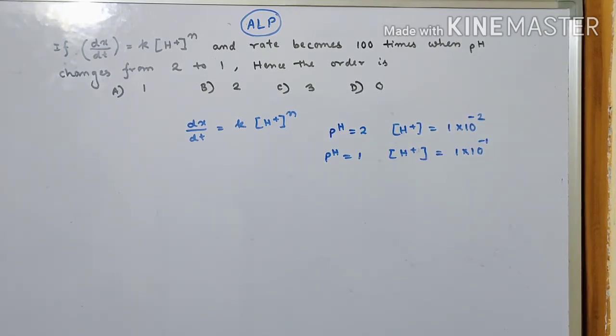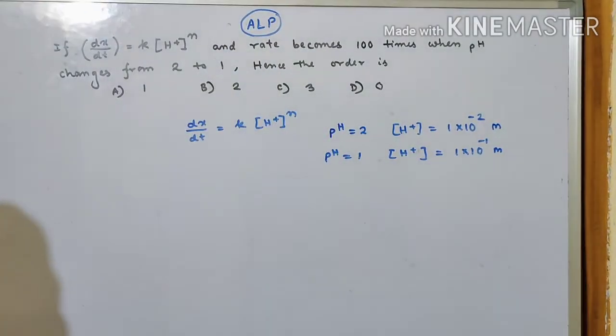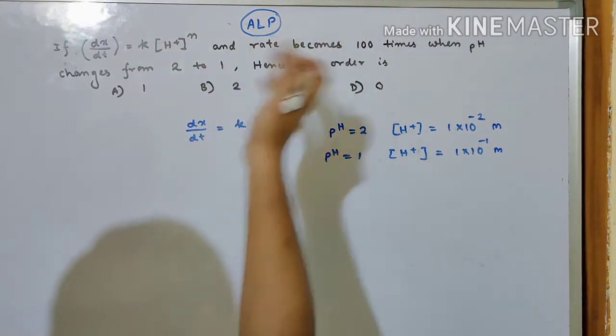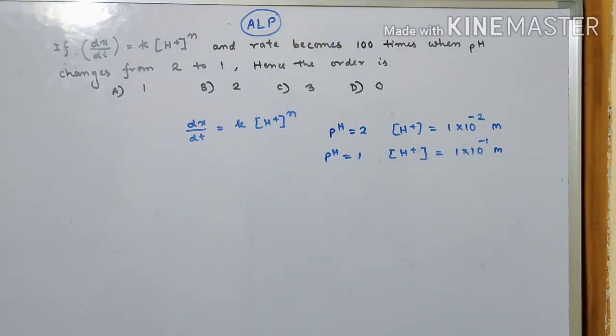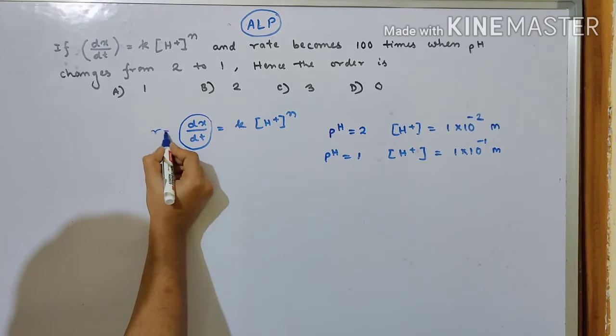When we already have the H plus ion concentration, so if these two are known, molar of course, now what we can do? We are supposed to find out the rate becomes 100 times. So rate means dx by dt, obviously this is rate.